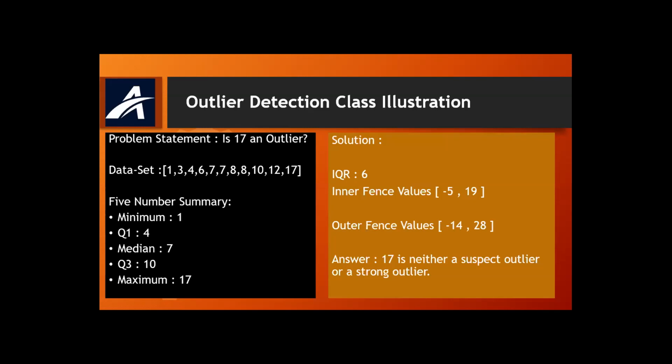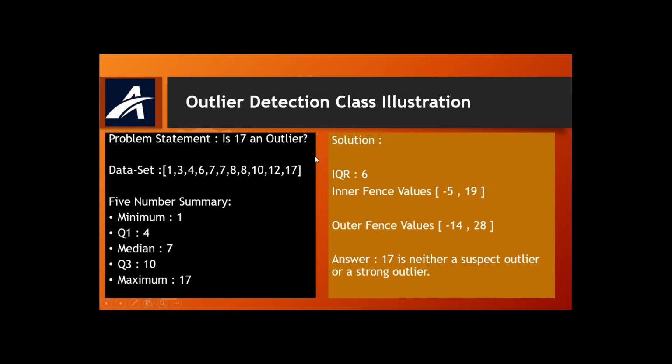You need a technique that convinces everyone, and that technique that has been adopted is IQR. You first calculate the inner fence, then the outer fence, and then you do your calculation. The conclusion is that 17 is neither a suspect nor a strong outlier.